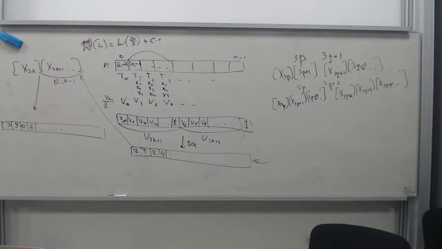I just use that each element is not bigger than n. You can always do this using counting sort or an additional radix sort on the characters, which gives you complexity n. That gives you that this value is less than n.